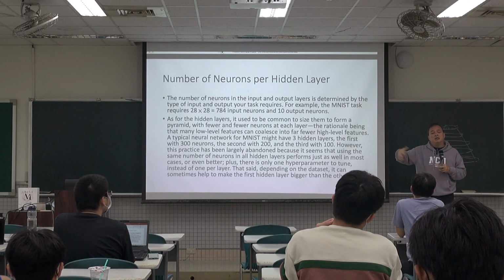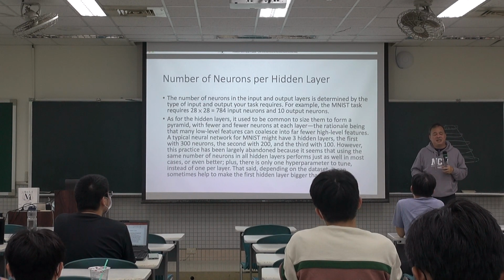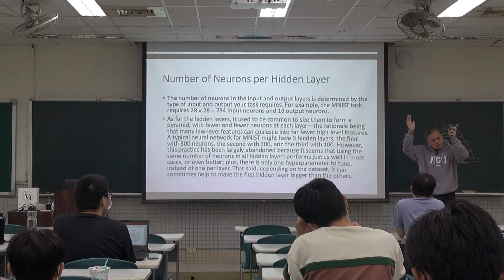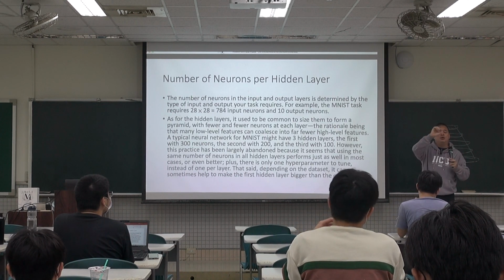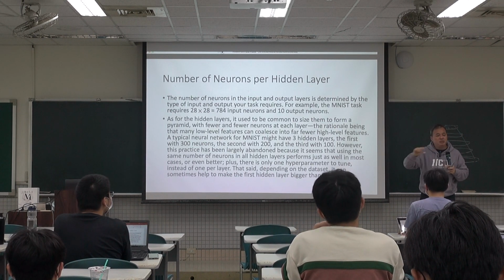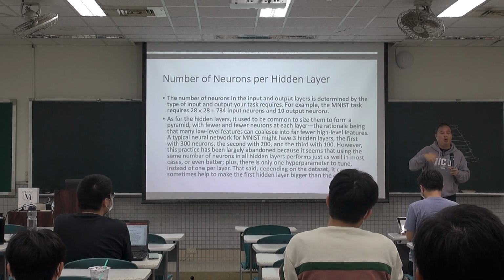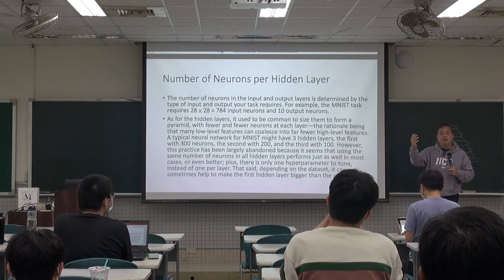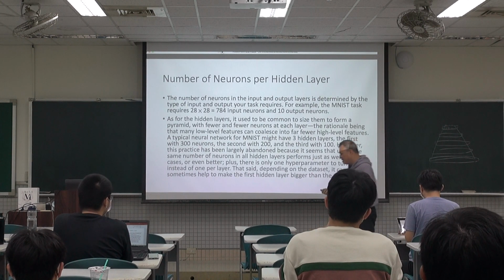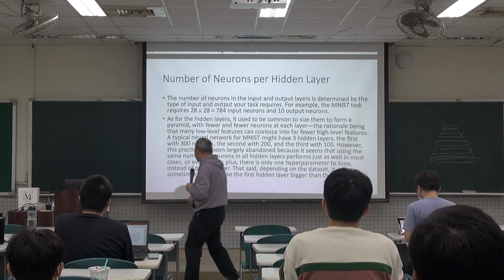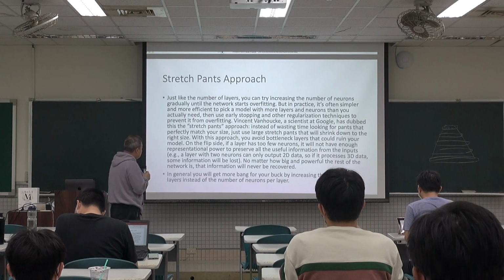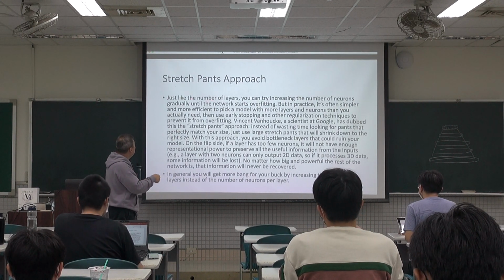The benefit of doing that is that we only have one hyperparameter to decide, which is the number of neurons for all layers. So which one is better? As I say, it's hard to say.